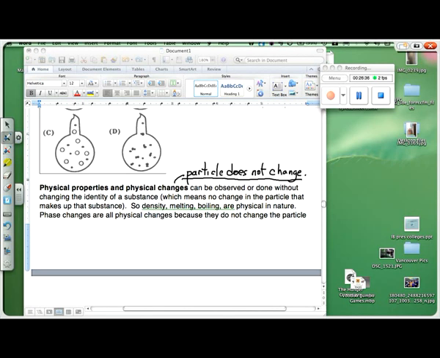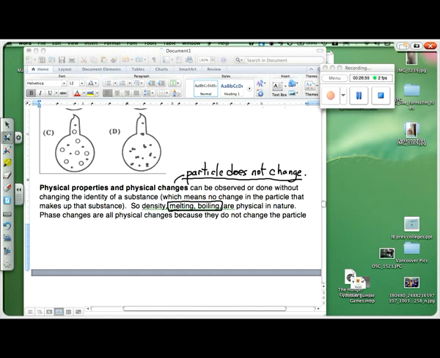So, density: I can measure density and I don't change anything. These are the biggies that students still have some trouble understanding are physical changes. When we melt and boil especially, those are very energy demanding.